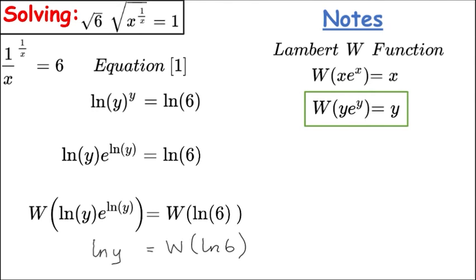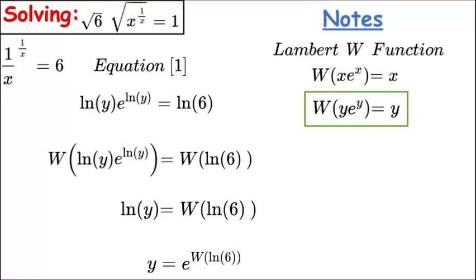Let's apply the exponential function to both sides, as it's the inverse to ln, and we will get y is equal to e to the power of Lambert W of ln 6. And now we're going to compute this.